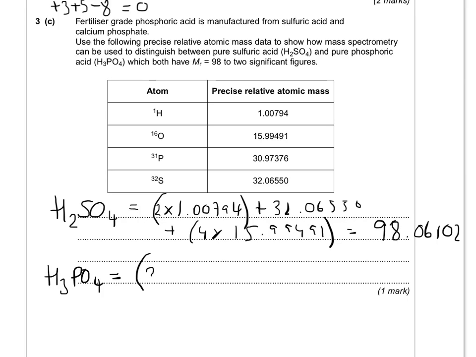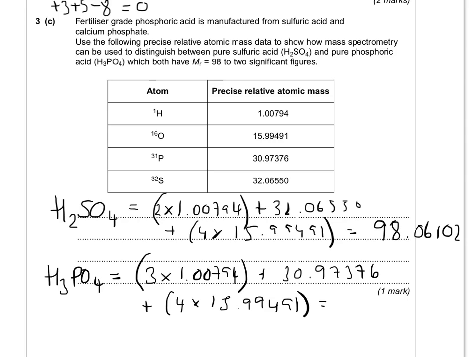So you've got 3 times 1.00794 plus 30.97376 plus 4 times 15.99491, and that gives me 97.9772.